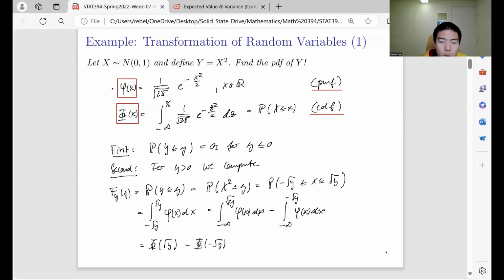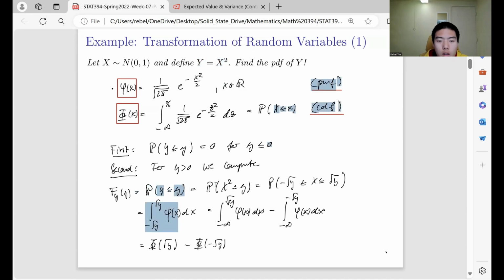So let's compute that one. First, we'll do a change of variables in the transformation. Let's denote Y equal to X squared. So P(capital Y smaller or equal to small y) is equal to the probability of X squared smaller or equal to y. This makes sense because we're just doing a transition of variables.